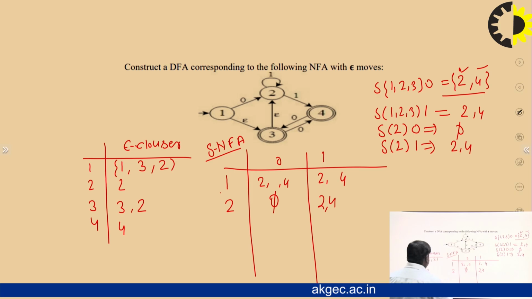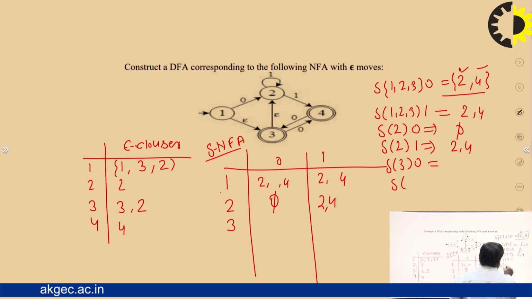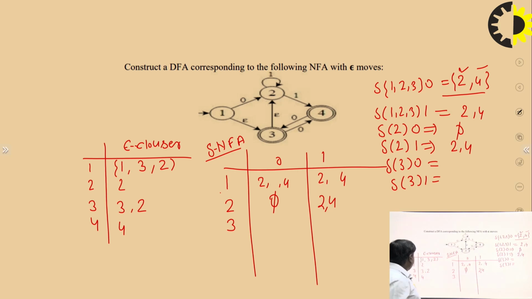Now we check the transitions of 3, on 0 and on 1. To check the transitions of 3, we take the closure, which is 2 and 3.